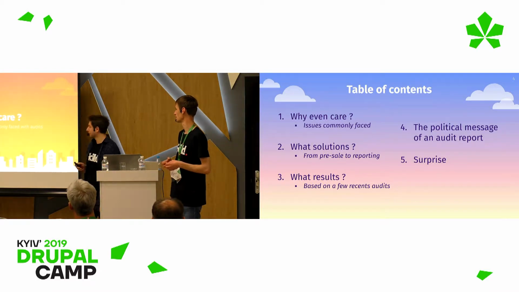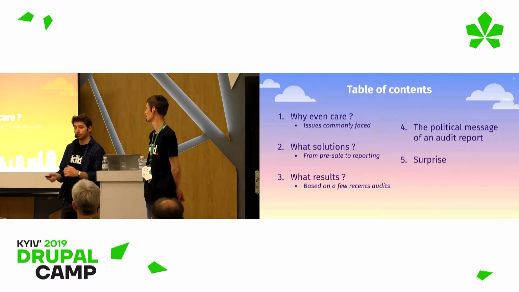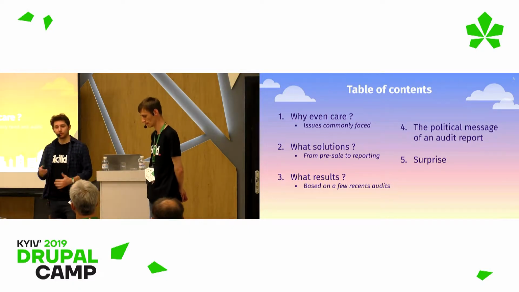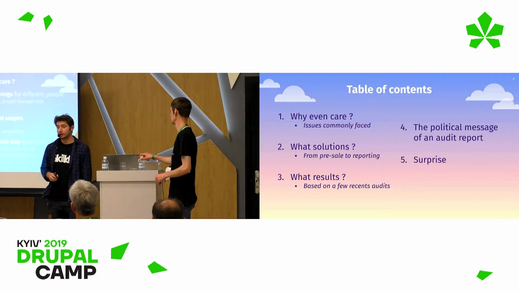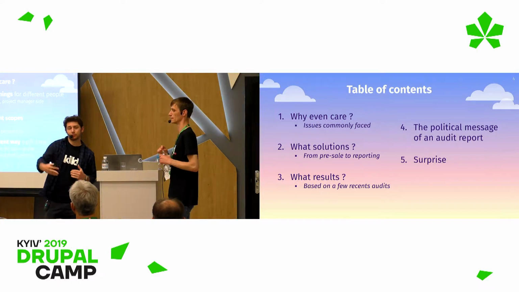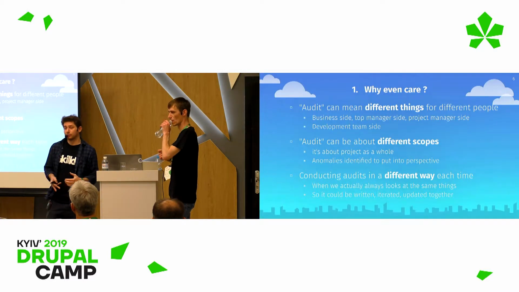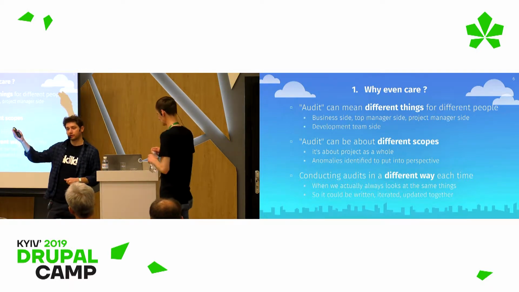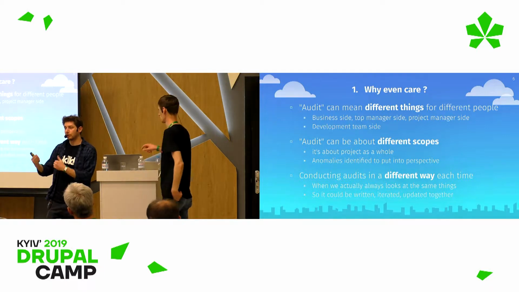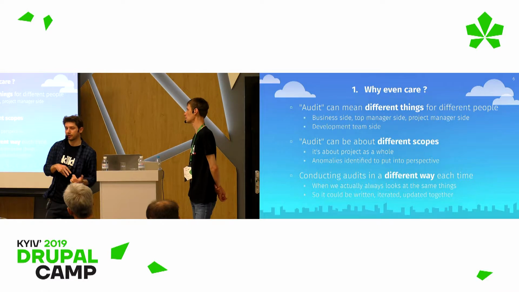Okay, so let's dig right in. We'll start with the common issues that we usually face when we start an audit. So the first thing is that when you are told that you have to conduct an audit, you have to ask yourself basically who is the audience of the audit. Is it the top management that is asking for the audit because some deadlines or some quality levels were not attained during the project lifetime?